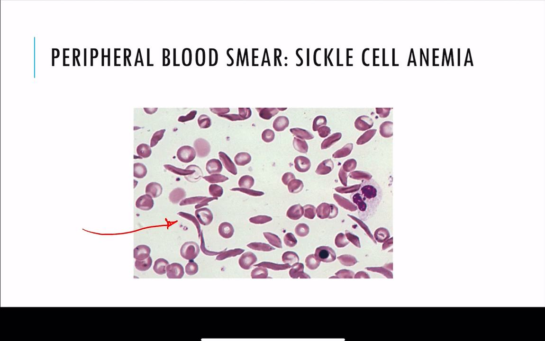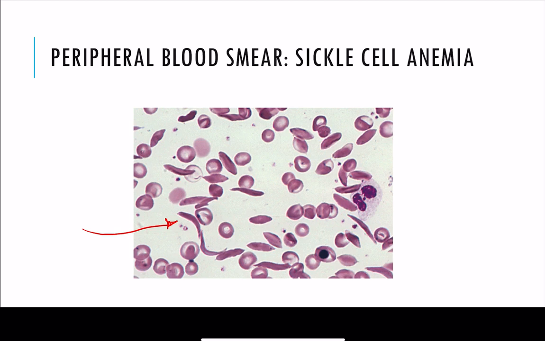A fun fact about sickle cell anemia, if you're into genetics, is there's an increased likelihood of having this genetic trait in people living in Africa. It is a protective gene mutation because if you have a single mutated beta chain, not a double, it actually improves your tolerance against malaria.